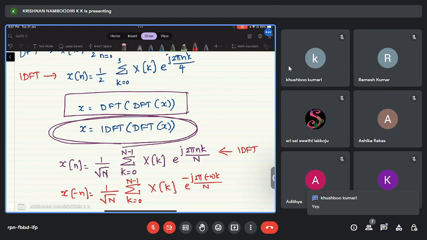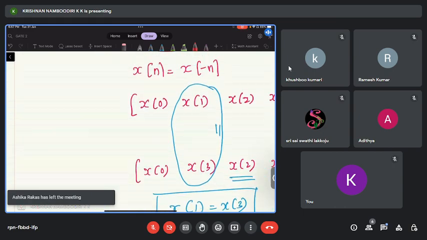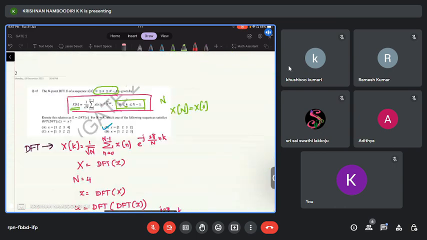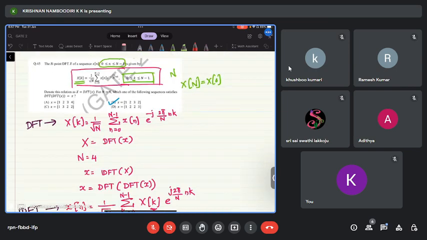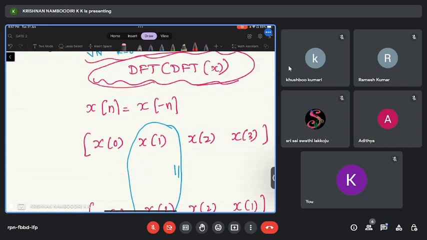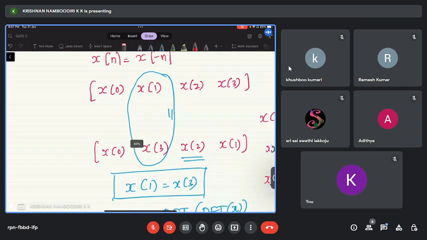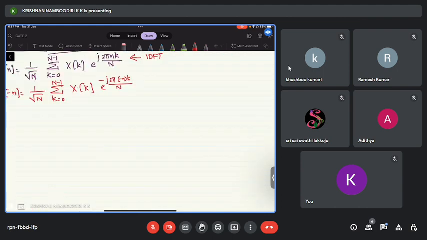Yeah, good. Now, observing this, you need to see these options. The answer is also already marked. As I have written in the previous class, now come to capital N equal to 4. First of all, what is minus n?